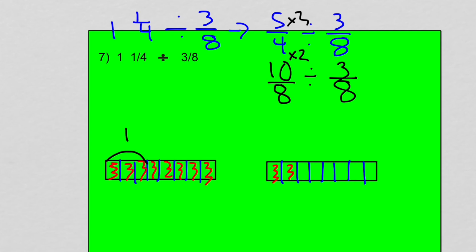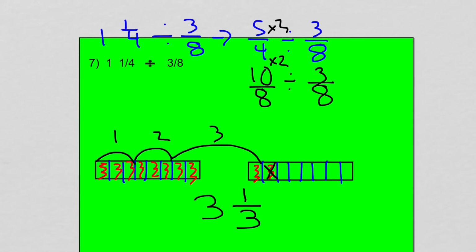I count 1, 2, 3. So you can get 3 whole groups. There's 1 left over out of what should have been a group of 3. 1 and 1/4 divided by 3/8 is 3 and 1/3.